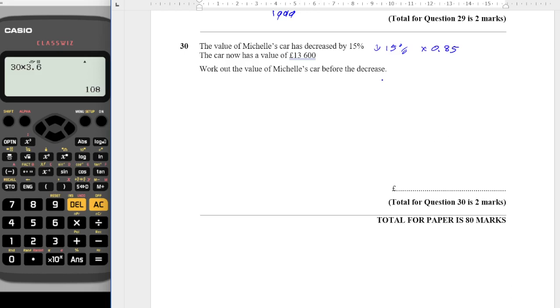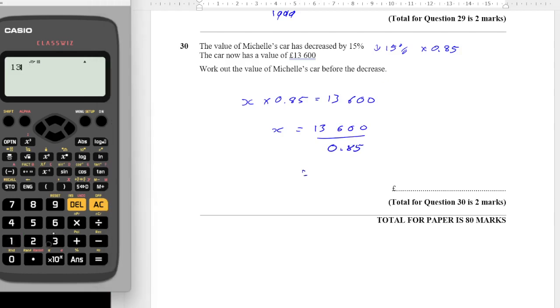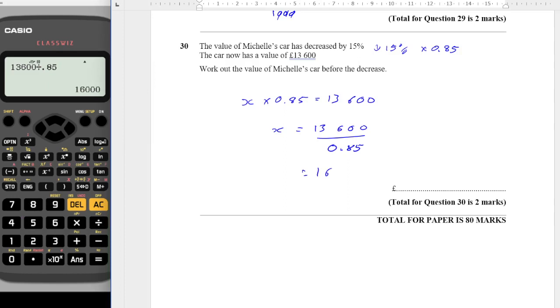So if you think about it, the original value times by 0.85 is equal to 13,600. So the original value would be 13,600 divided by 0.85. So 13,600 divided by 0.85 gives us 16,000.